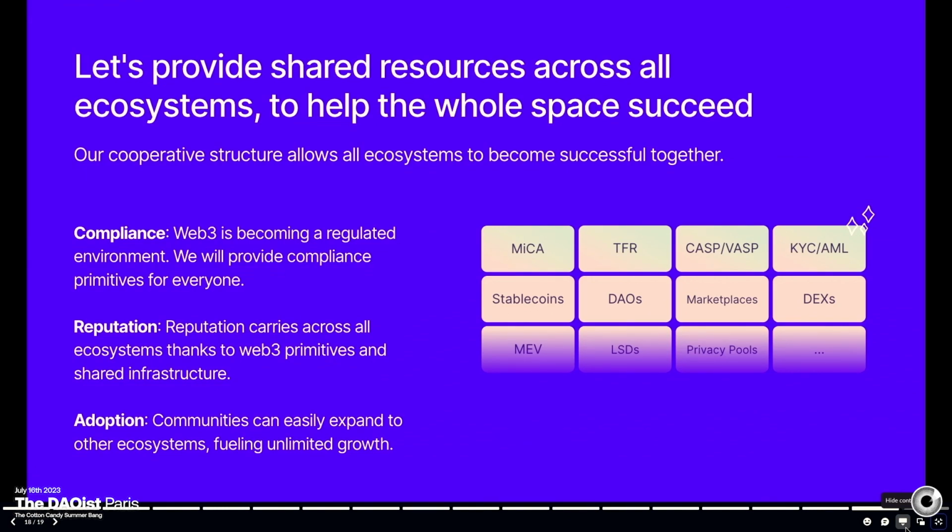So we can have shared compliance primitives between communities, ecosystems, projects, which I think in the future, where DeFi and CeFi and ReFi and everything is going to be way more regulated, will be a hugely beneficial infrastructure for projects, because they don't have to pay lawyers for compliance. They just get the compliance from the ecosystem or this cooperative that we're building.